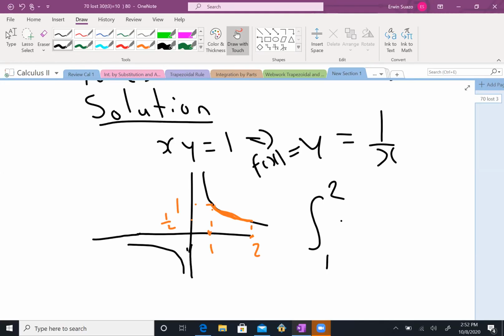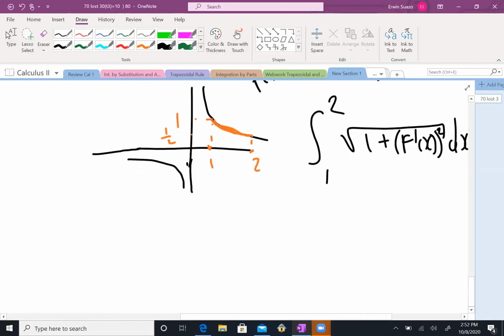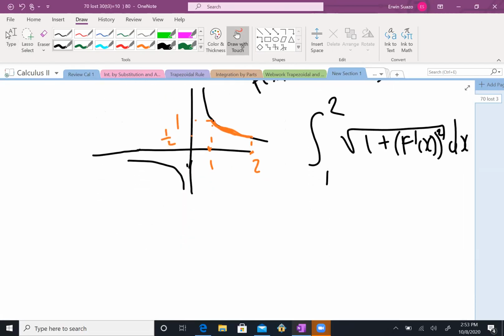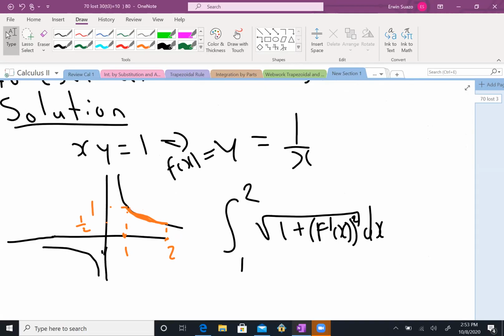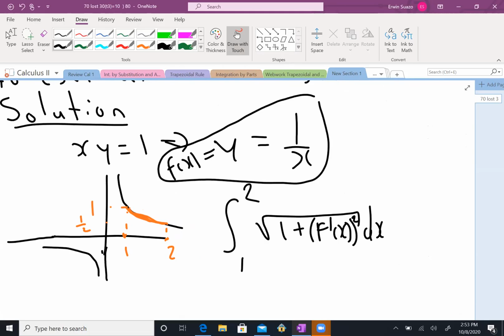It says the square root of 1 plus f prime of x, squared, dx. So what I need to do is find f prime of x. I need to find the derivative. So if this is f of x, what is f prime of x?